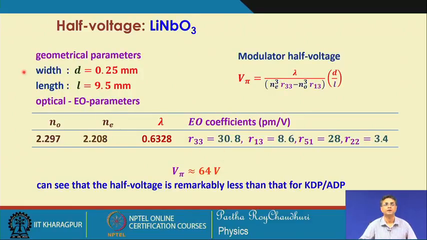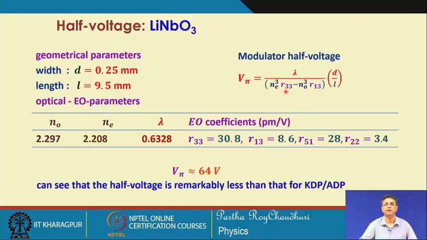So, geometrical parameters, typical practical numbers which are used for practical modulators: d equal to 0.25 millimeter, L equal to 9.5 millimeter. In that case, you get this lambda, and this value.